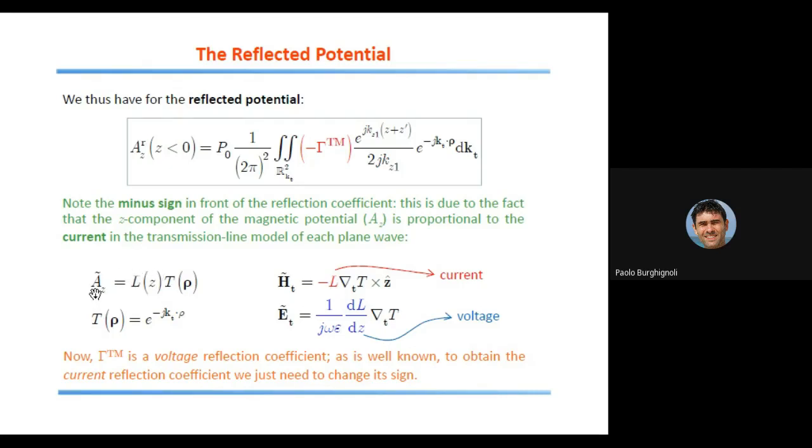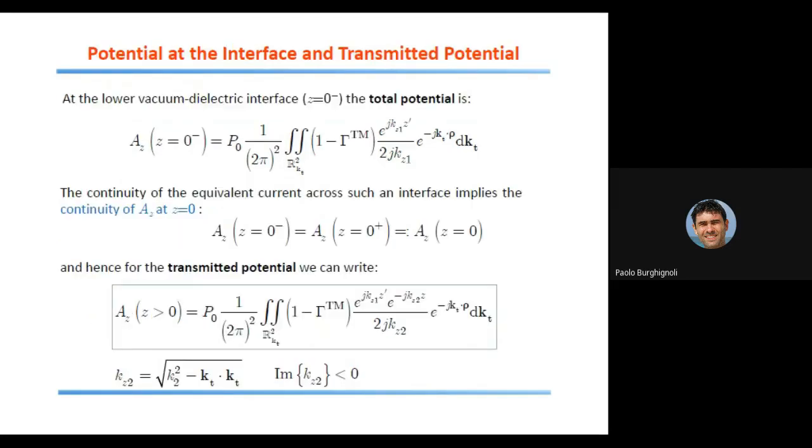So AZ is proportional to the current. And for this reason, we need to employ a current reflection coefficient instead of a voltage reflection coefficient. Since gamma is by itself a voltage reflection coefficient, we need to insert a minus sign in order to get the current reflection coefficient, okay? Once we have this expression, we are now in a position of calculating also the transmitted potential.